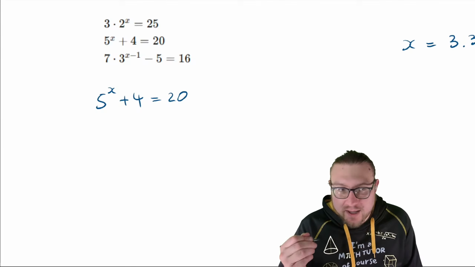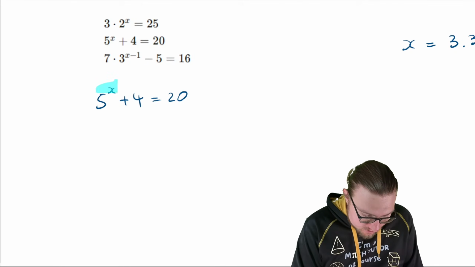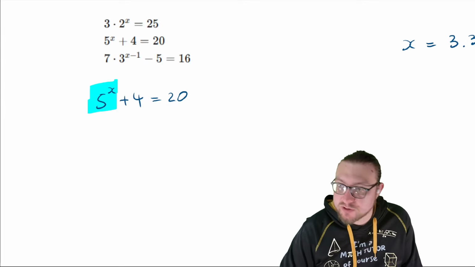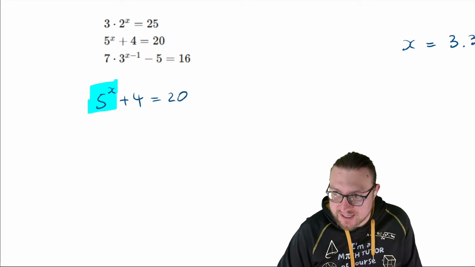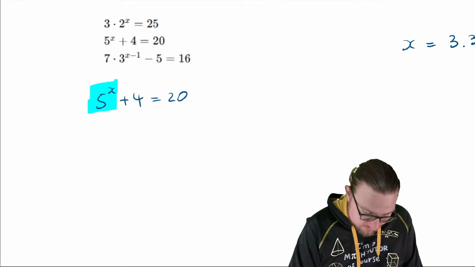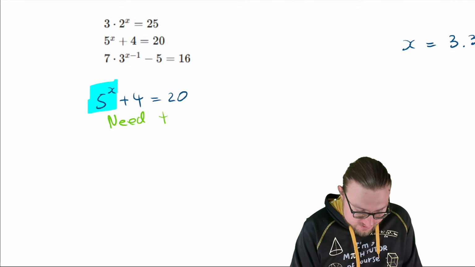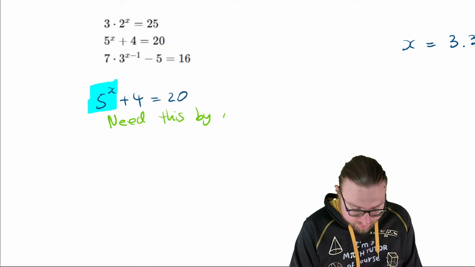So whenever we apply log to both sides, we want to make sure that whatever we want to move the exponent out, yeah, here x in the power, that's what we want to get out of. So we need that by itself.